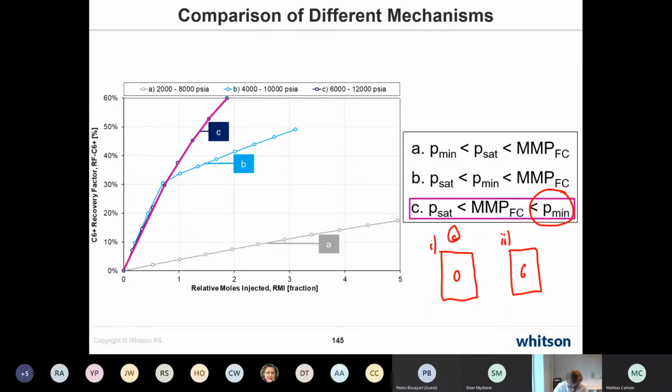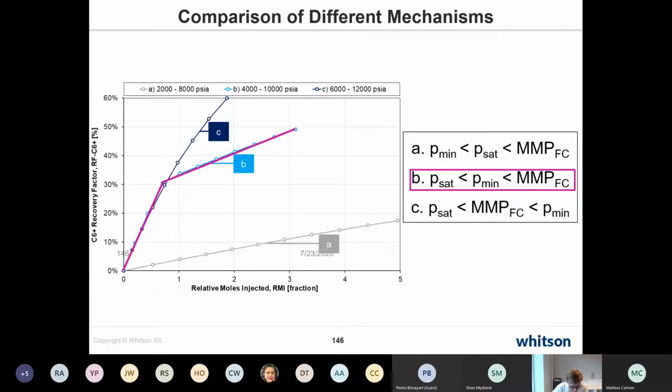The reason we remove mass is due to swelling. The composition of what swells and is removed and the composition of what's left in the PVT cell is the same. Recovery efficiency is driven by a pure dilution process, and you get a very high efficiency, which is indicated by this line.